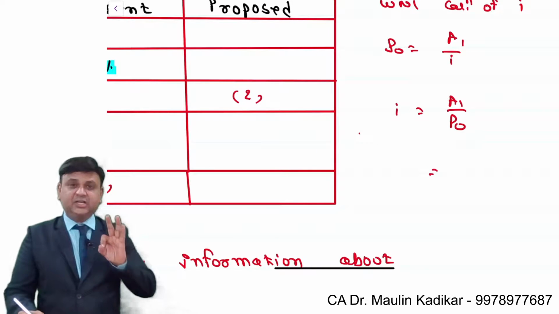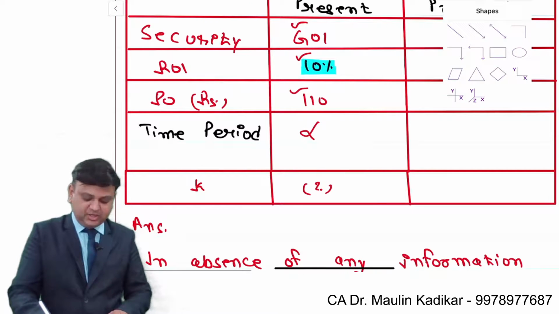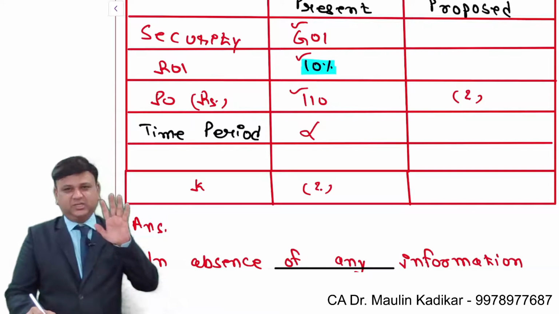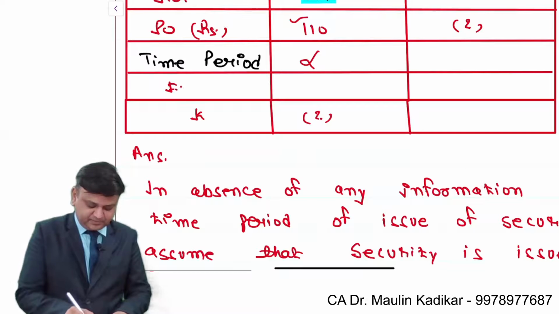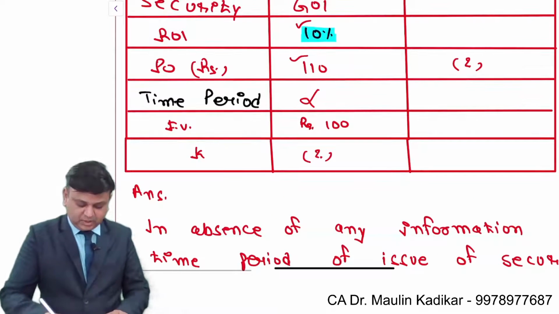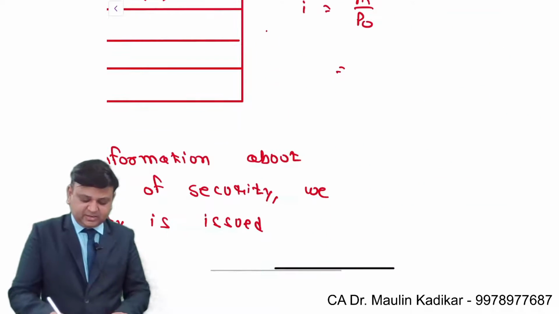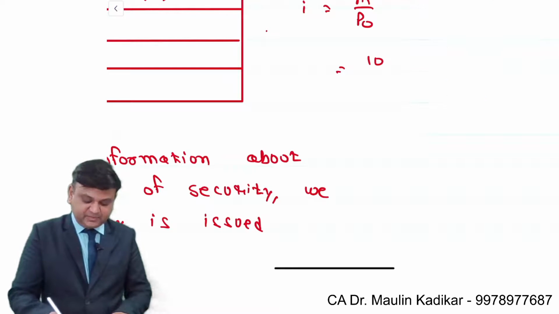We will rationally assume that the face value of the security is 1000 rupees. Sorry, 100 rupees. Dear students, we have to go quite logically. So we will assume that the face value of the security is rupees 100. So 100 rupees into 10 percentage. What is interest income? Interest income is 10 rupees. What is current price? Current price is 110.